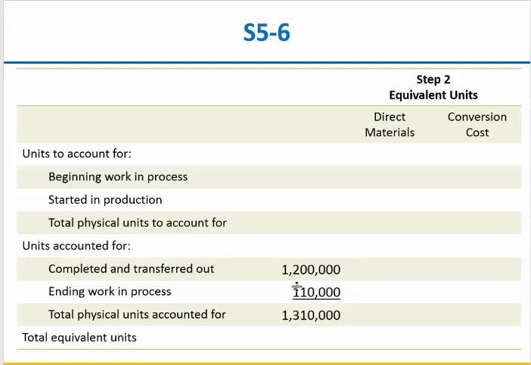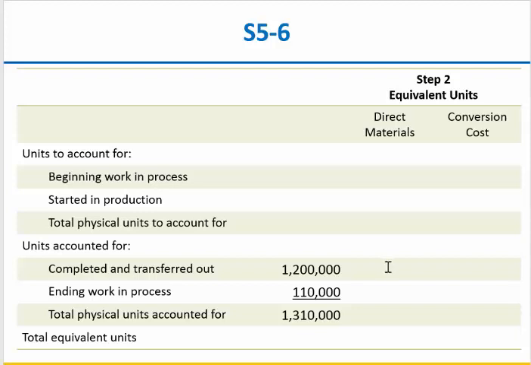The question says we have 110,000 units left in the ending inventory, and also there are about 1,200,000 units completed and transferred out, and also we have their percentage completion. First of all, for units completed and transferred out, I have no question that all the direct materials have been added, all the conversion costs have been added to these 1,200,000 finished units.